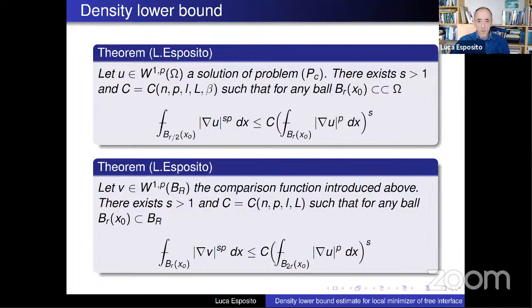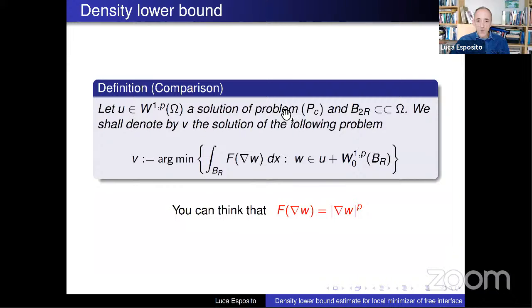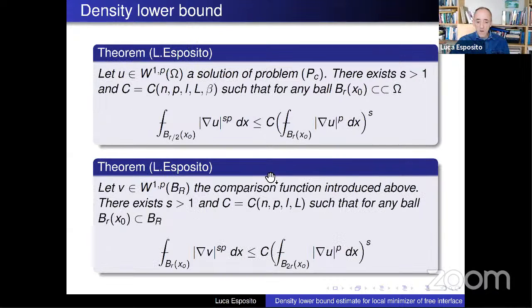This is very important to prove that the function u shares the same regularity as the competitor, and the competitor is a minimizer of the P Laplacian, so it is regular. And so you have these two functions, the function u, the minimizer of the original problem, and the competitor, and you have higher integrability of both.